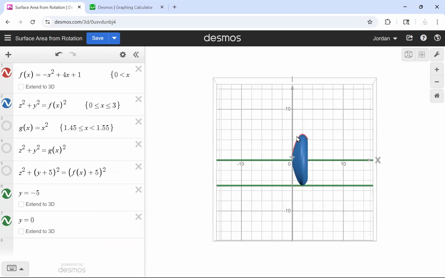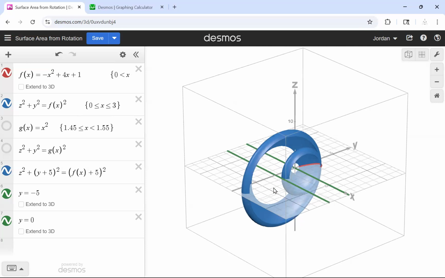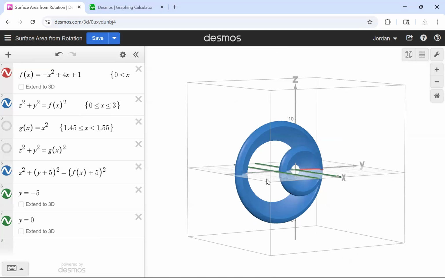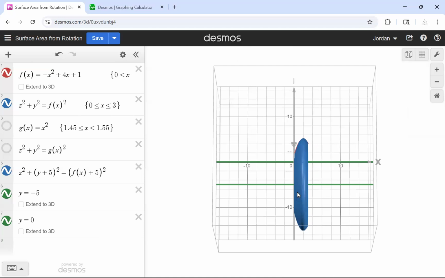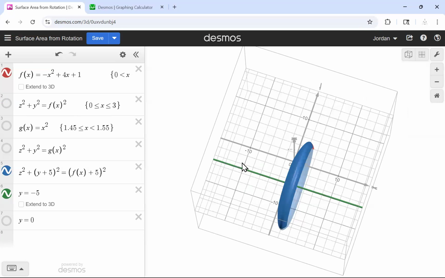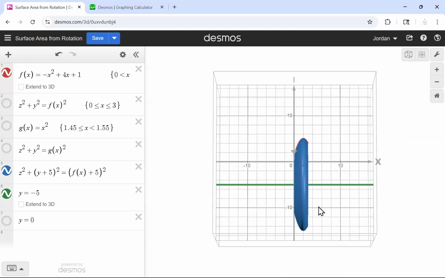The edge of it has the same curve as arc length as this bigger one, but obviously the bigger one is going around a much bigger circle, so it's going to end up with a much bigger surface area. So that's why we're ending up with, again, a much bigger surface area when we rotate around the line y equals -5. Get that sort of object.